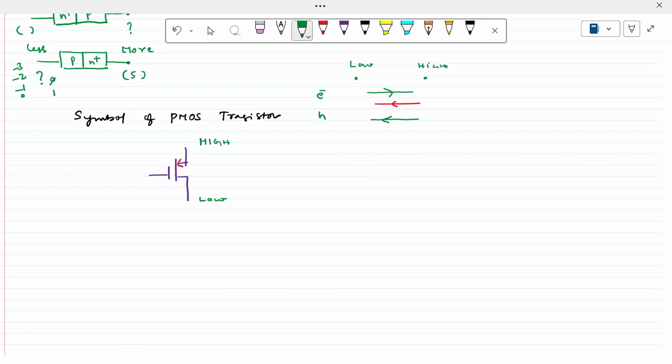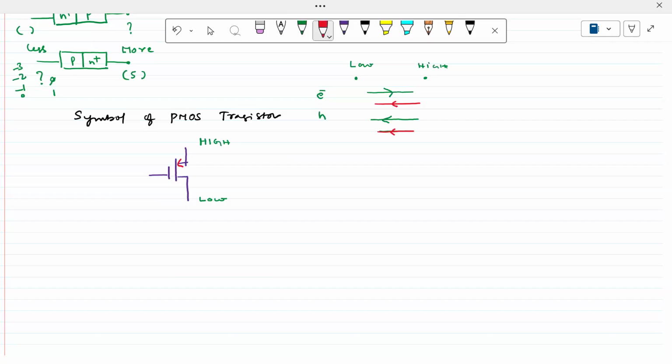Now what about the current? Current always flows from high potential to low potential. That means it always follows the hole direction. So now what is the carrier transportation here, from low to high or high to low?